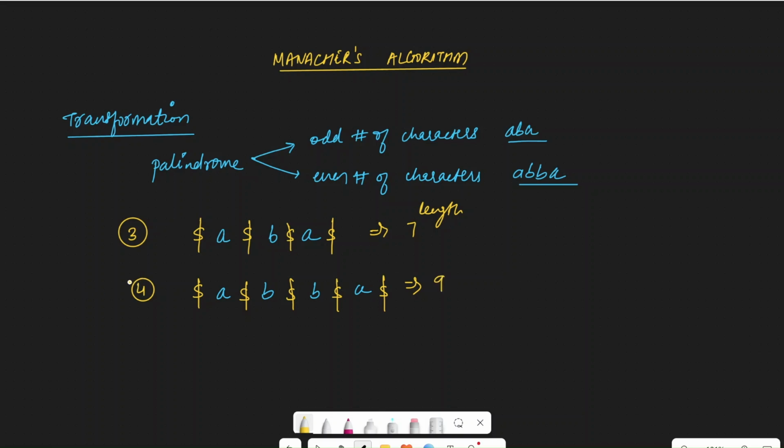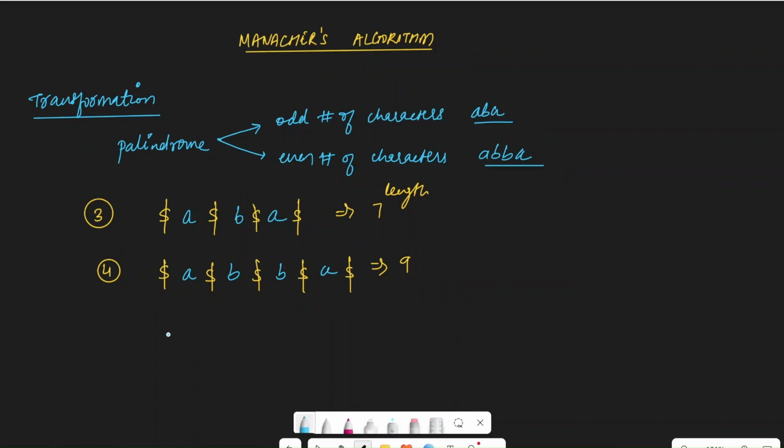So we have converted an even length string into an odd length one, and this helps us simplify the logic. So this is the very first concept of Manacher's algorithm. Ultimately, what we are doing is adding a dollar before and after each character of S.